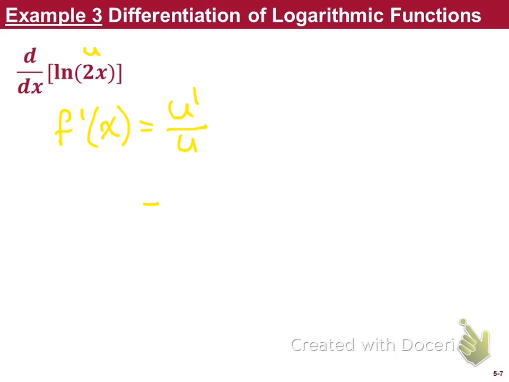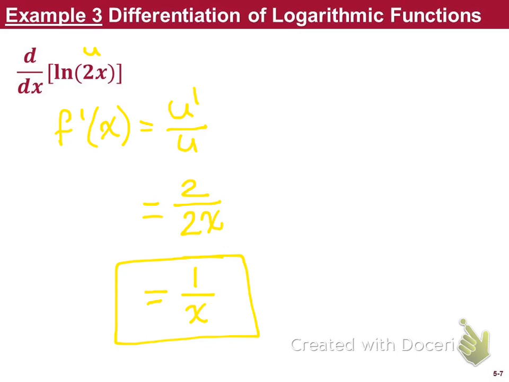Well, the derivative of 2x would be 2, and since u is the 2x, then 2x would go in the denominator. The 2's cancel out, and your final answer, f prime of x, would be equal to 1 over x. So the derivative of a natural log is the derivative of u over u.